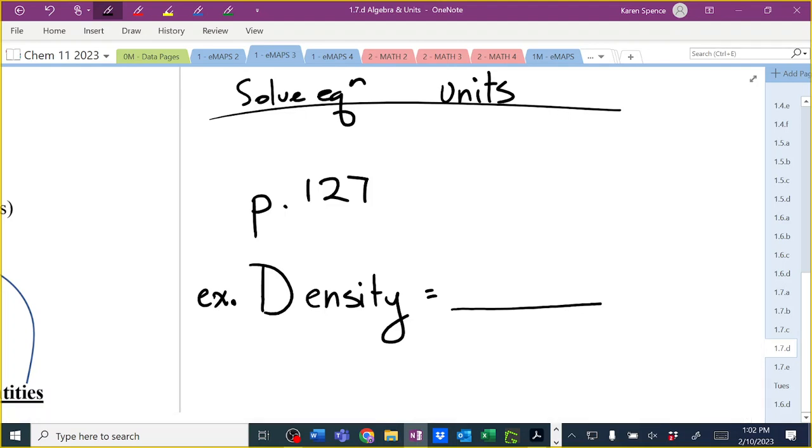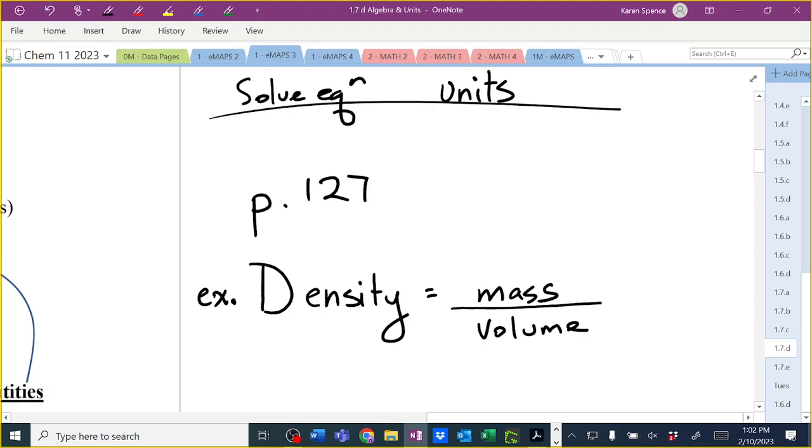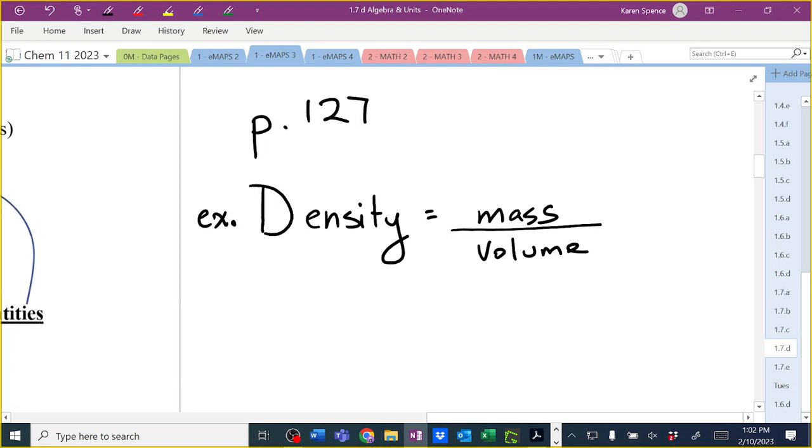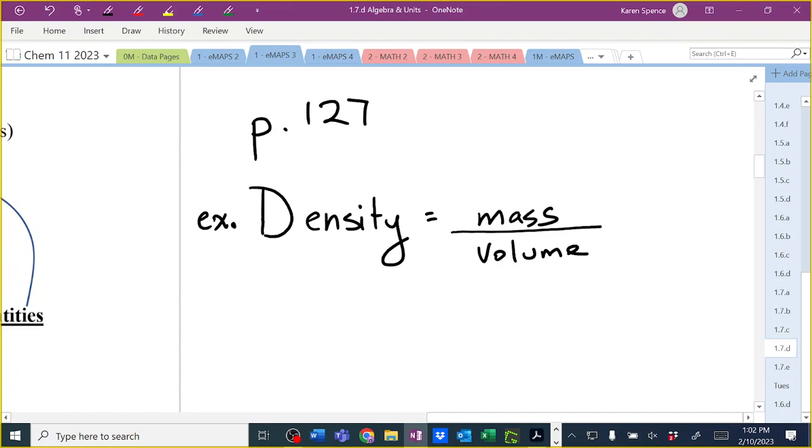Density is equal to something over something else. What goes on the top? Anyone? Mass, yes. And on the bottom goes volume. So we can take this formula and instead of writing out all the words, density equals mass over volume, we can of course write density equals m over v.